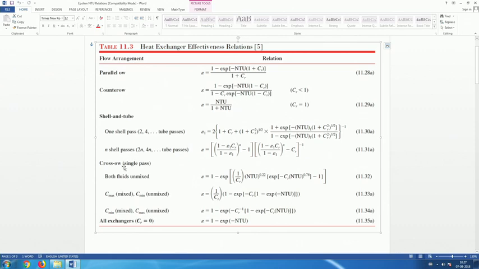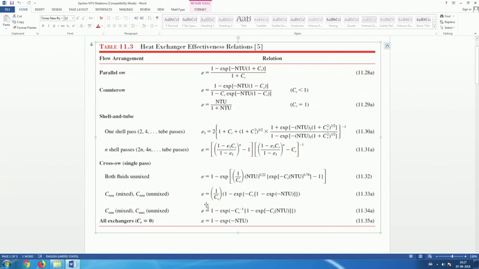In cross flow, for all exchangers for which CR is equal to 0, which is the case for condensers and for boilers, the relation between epsilon and NTU is provided in the text.